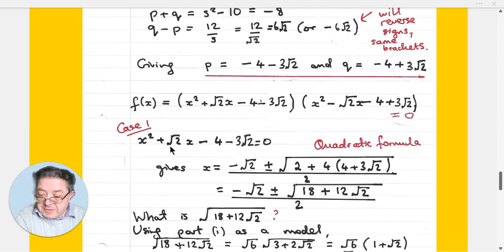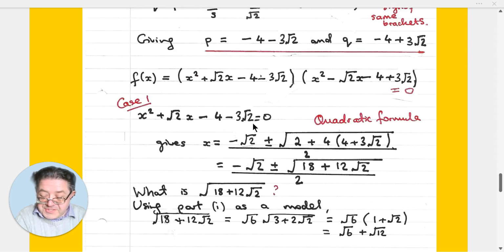So the first one, we need to solve this. This is non-calculator, so either complete the square or use the formula. Using the formula, we get minus root 2 plus or minus root of 18 plus 12 root 2 over 2. What is this square root of 18 plus 12 root 2?